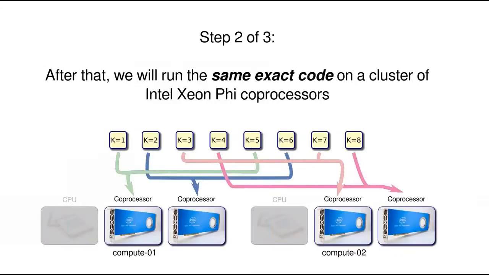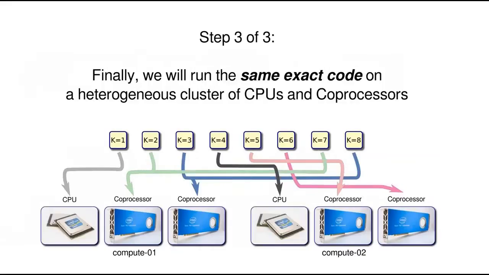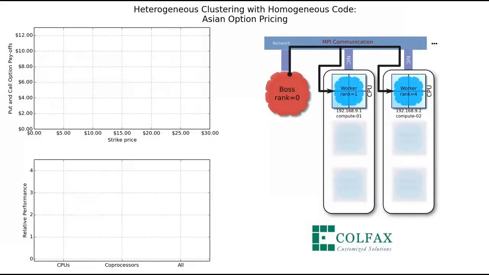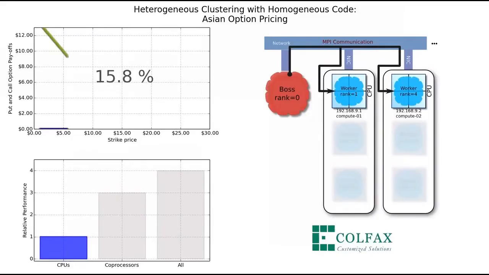The key here was configuring the cluster in such a way that coprocessors share the network with the CPUs and having a boss-worker model for load balancing across CPUs and coprocessors. But first we run on processors only, and the code seems to know nothing about Xeon Phi coprocessors, and here it actually is not using them, but this is our baseline.